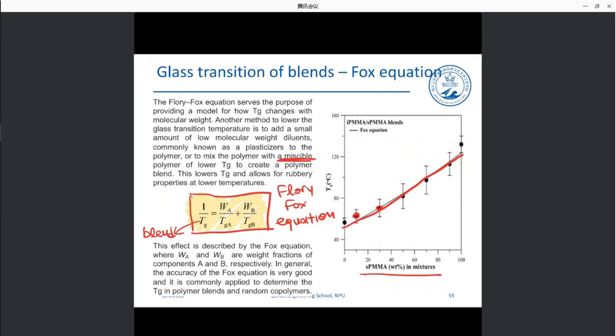It gives very good agreement with experimental values. You can see that the line falls absolutely on the experimental values, which says that generally the agreement of the Fox equation is very good, and it is very commonly applied to determine the glass transition in miscible polymer blends, and also, as we will see in a bit, in random copolymers, because random copolymers also show one Tg.